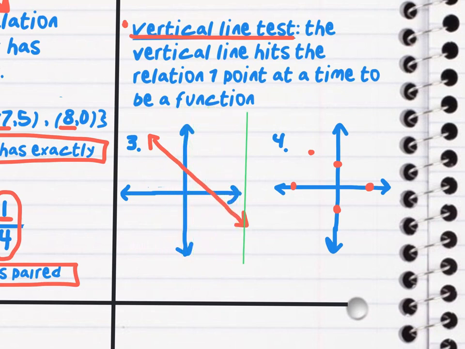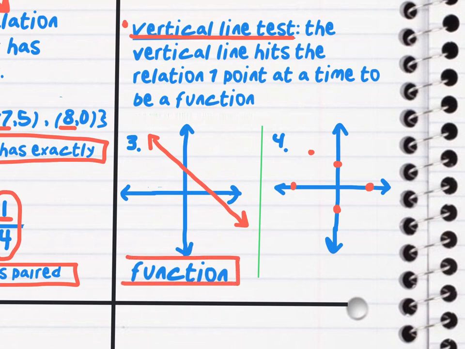Notice that the red line only intersects this vertical line at 1 point at a time. That means it passes the vertical line test, so this is an example of a function. Let's write function there and then box our answer. It's a function, it passes the vertical line test.